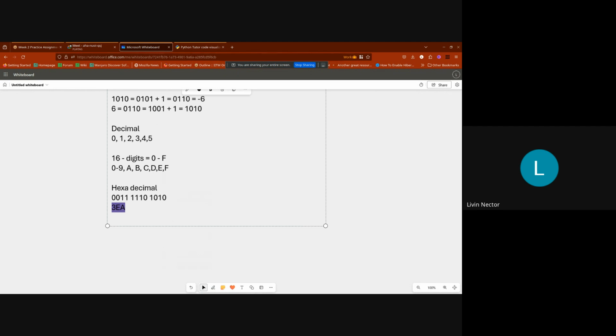Now we can easily see that this is a big number, and we can also compare numbers. Take 3DA. Can you say which number is bigger, 3EA or 3DA? This one is bigger because D is smaller than E, right?